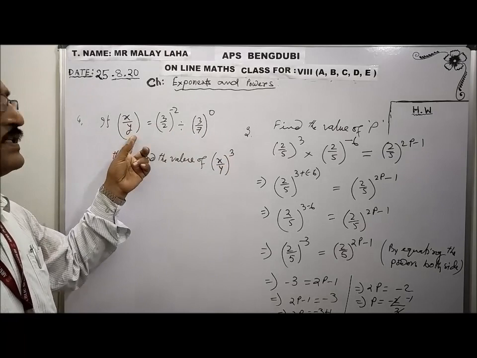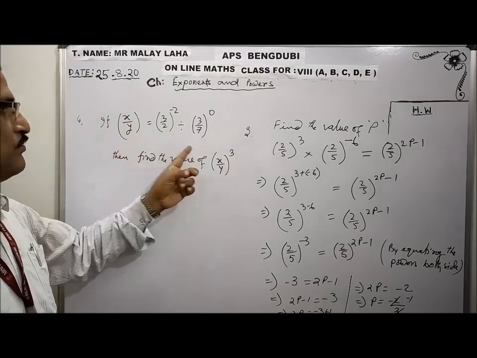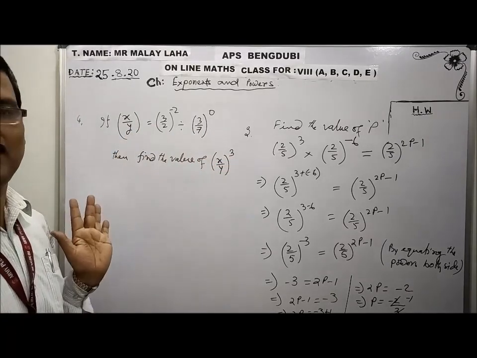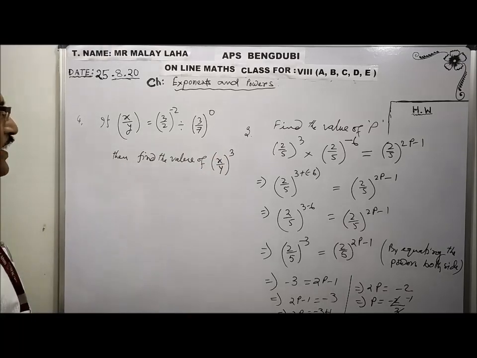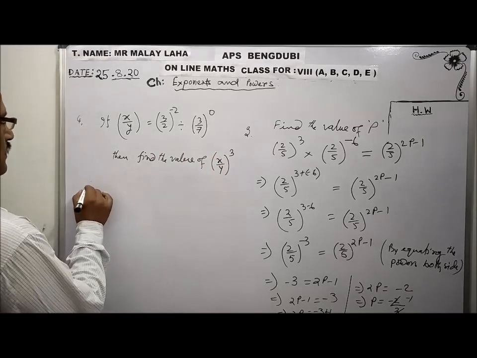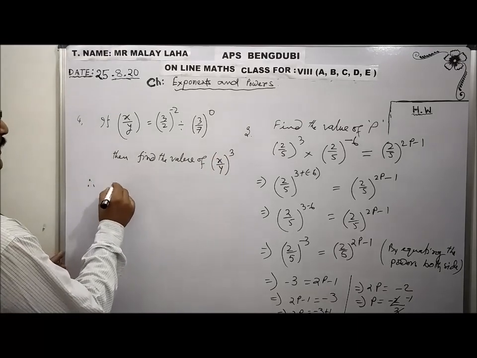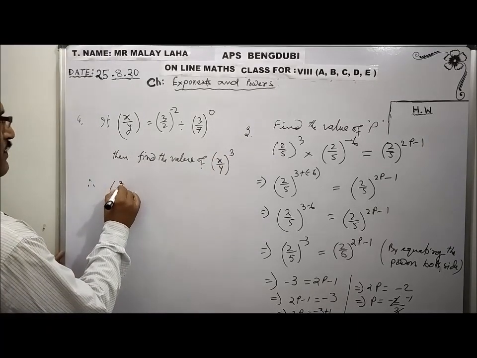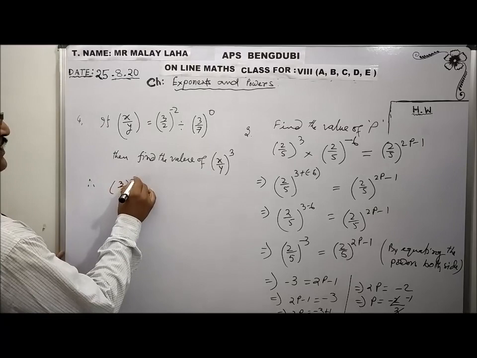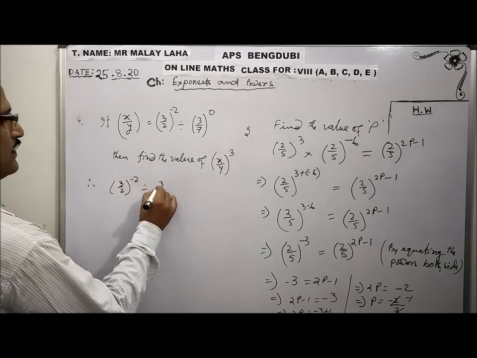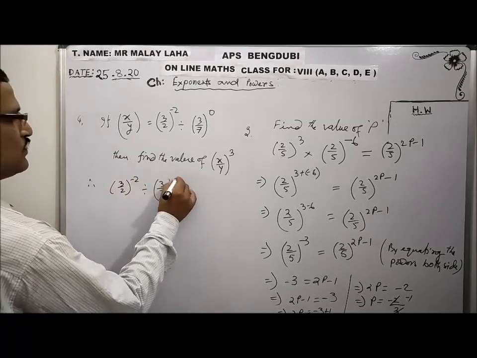That is equal to x by y. Afterward, you just find the cube of that result. That is the answer. Okay. So then what to do? Now here, (3/2) raised to minus 2 divided by (3/7) raised to 0.